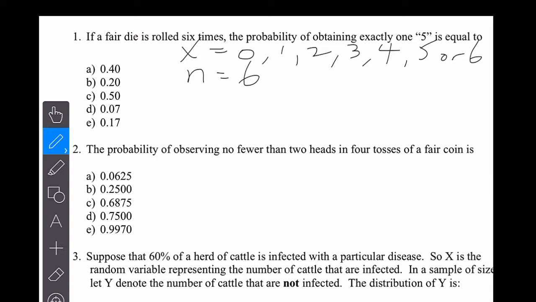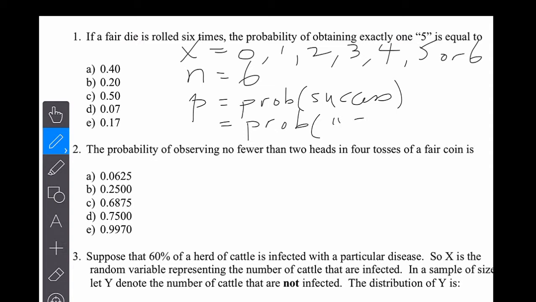N is 6 attempts. P is the probability of success, and I'm going to write it out here, where success is seeing a 5.